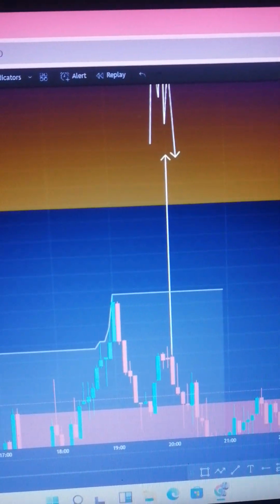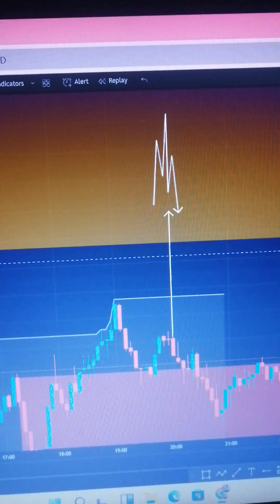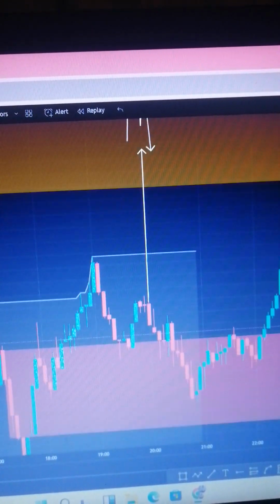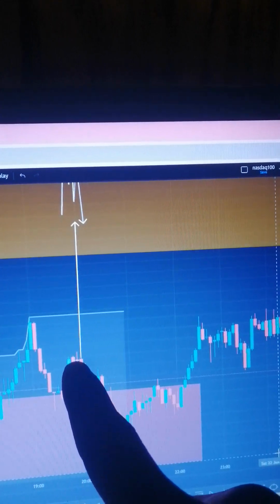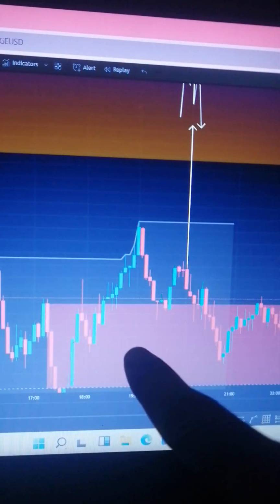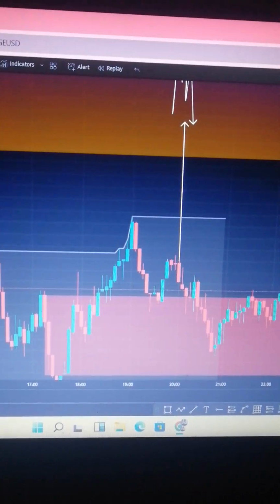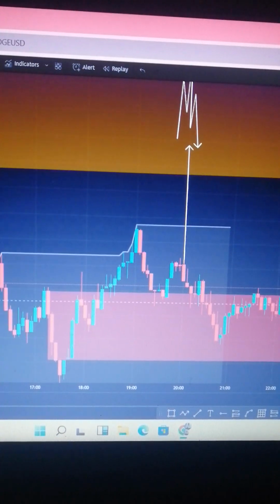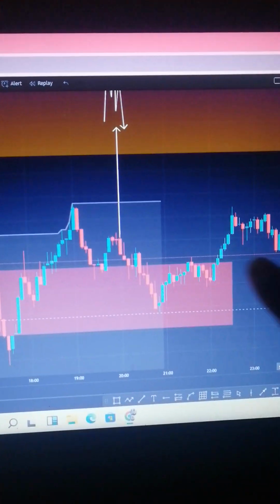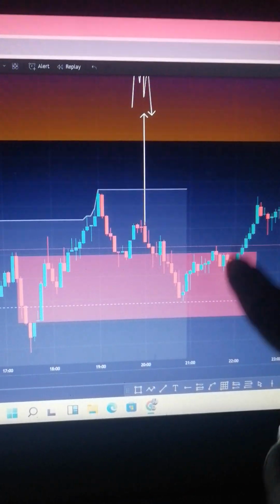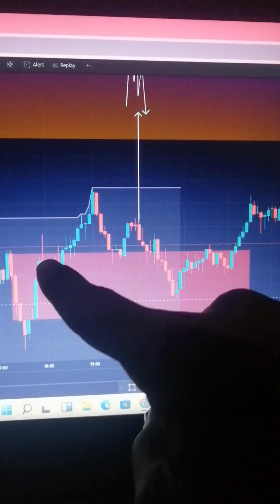So where price was at yesterday when I was drawing, I was drawing this arrow. The price was here, and this is the 15-minute order block. That zone, that red box, you see, that is 15-minute, but we are on 5-minute time frame.